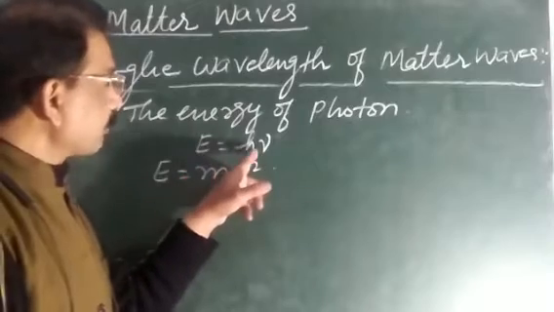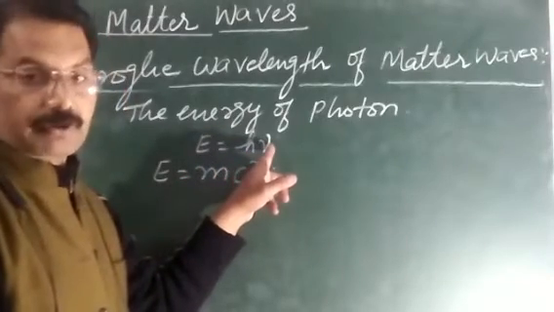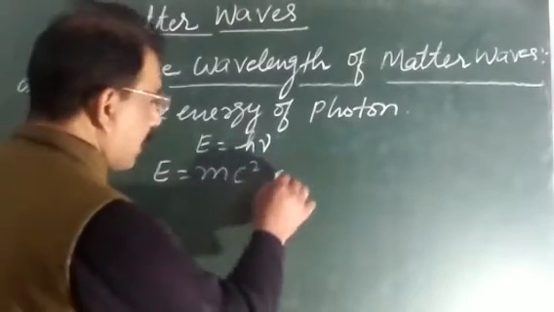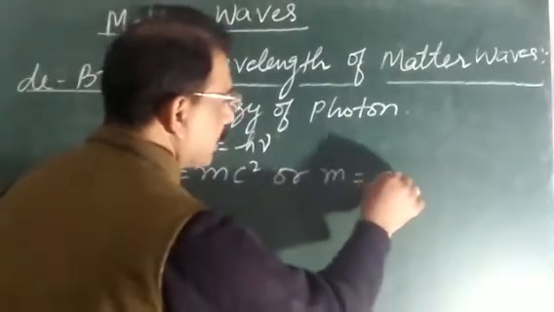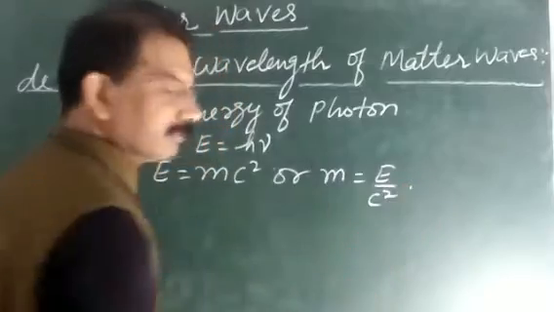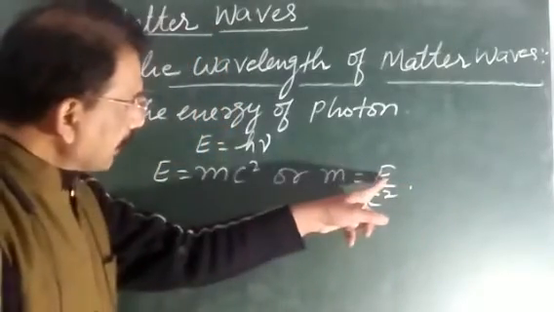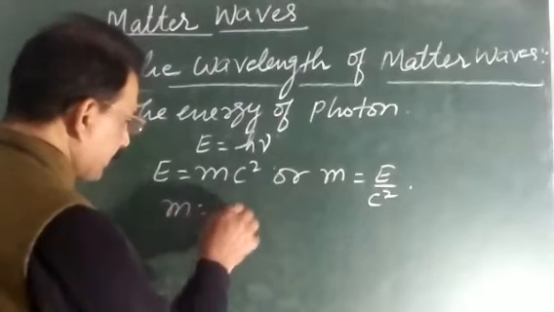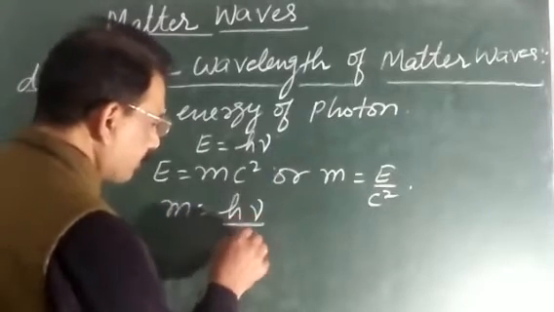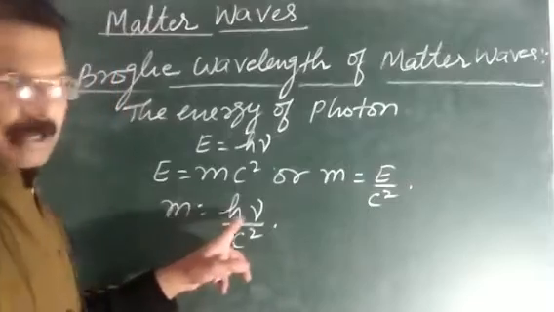Here h is Planck constant, and nu is the frequency of light. So from here, the mass of the photon m is equal to E upon c square. And in place of E you can write h nu, so the mass of the photon is h nu by c square, which I have already derived in the previous chapter also.